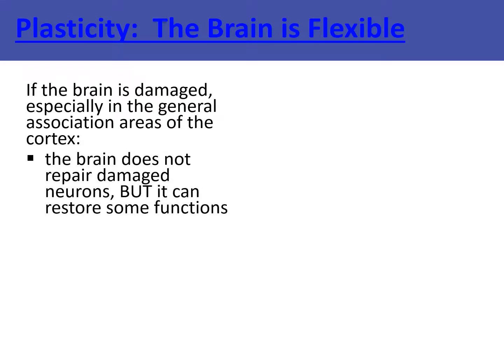That's neurogenesis. Neurogenesis is very limited, but it can restore some functions by reallocating brain tissue. So the healthy parts of the brain will take over for the damaged parts of the brain. And once again, it cannot be emphasized enough that this is most easily done when the patient is young. The older the patient gets, the less plasticity the brain has.